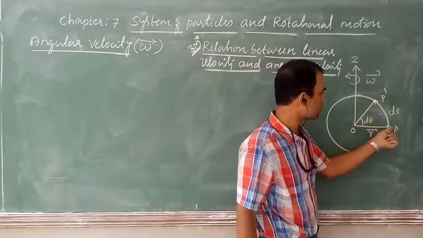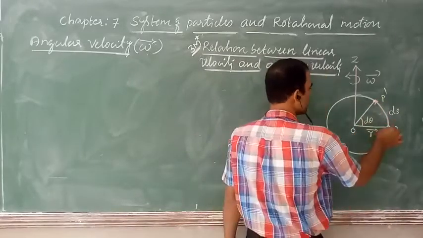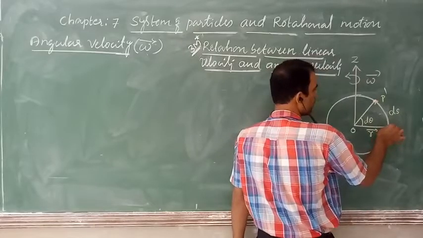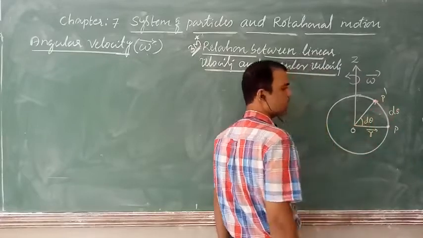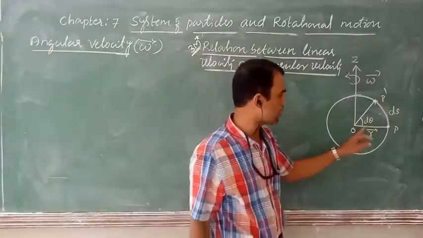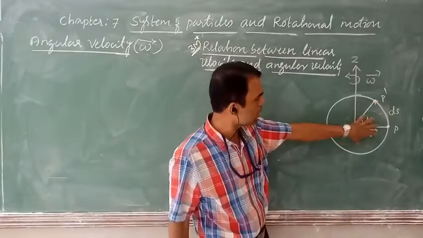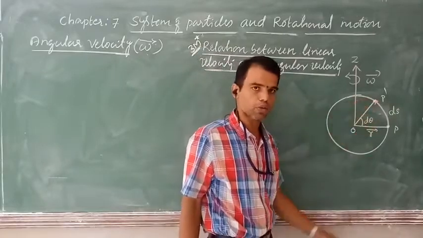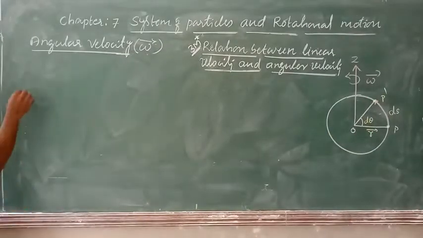Suppose the particle moves from P to P dash in a time dt. While moving from P to P dash, the particle covers some angle, and that angle we call angular displacement. If this angular displacement changes with respect to time, then we define that as angular velocity.